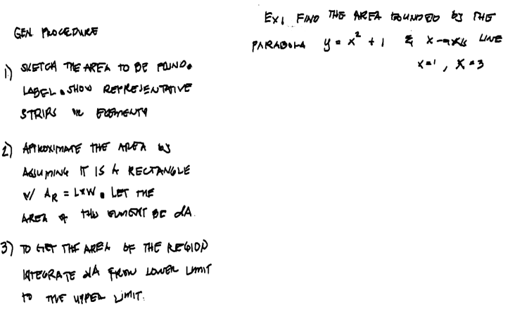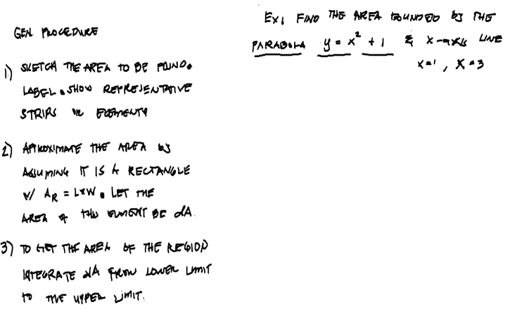So let's find the area bounded by the parabola. We have a parabola given by the equation y is equal to x squared plus 1, and the x-axis line, with x is equal to 1 up to x is equal to 3.